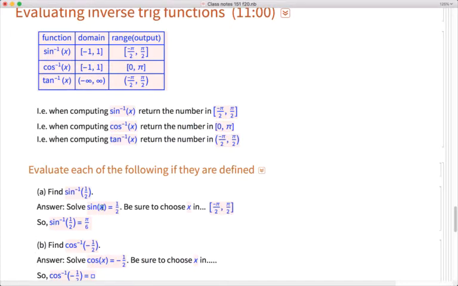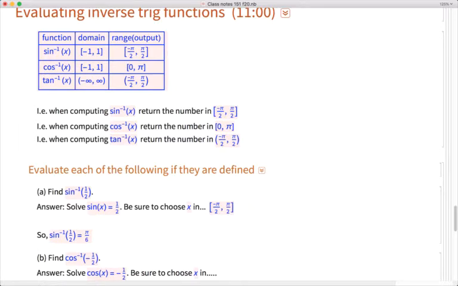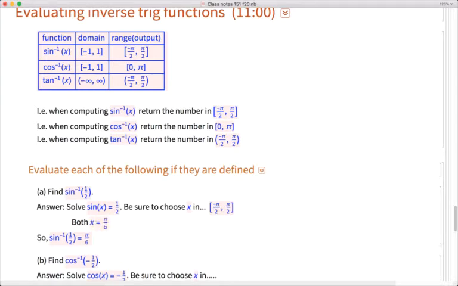Another x would be 5 pi over 6, but 5 pi over 6 is not in this interval. Maybe I'll include that in the PDF. Both x equal pi over 6 and x equal 5 pi over 6 solve the equation, but only pi over 6 is in the required range.